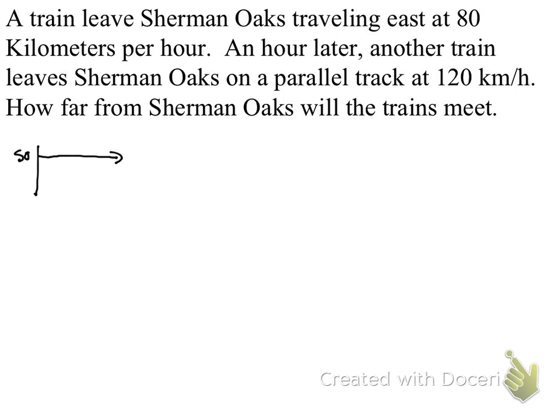It's leaving, heading east, going 80 kph. Then an hour later, another train leaves Sherman Oaks on a parallel track, going faster at 120 kilometers per hour, kph.